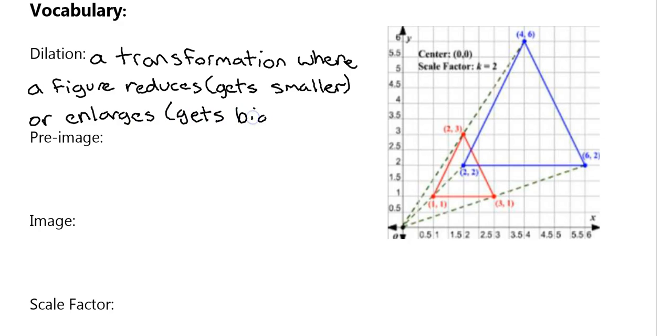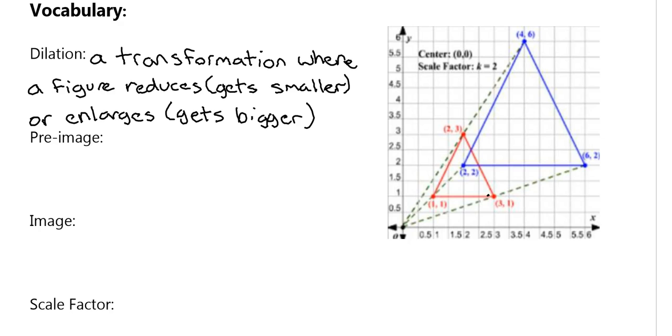Basically a figure is staying the same shape, it's just changing size. If we look over here, I know it's a little blurry, sorry about that, but this shows a dilation. I have one figure and it's getting smaller or getting bigger. This one happens to be getting bigger, and I'll show you why in a second.